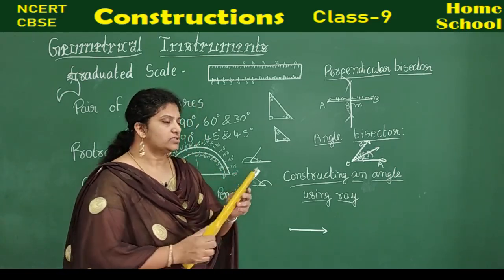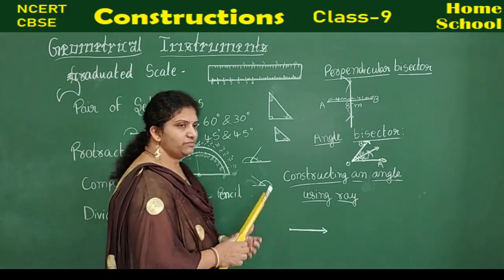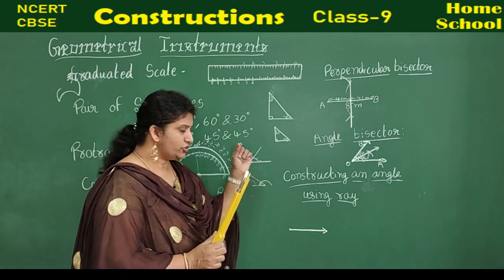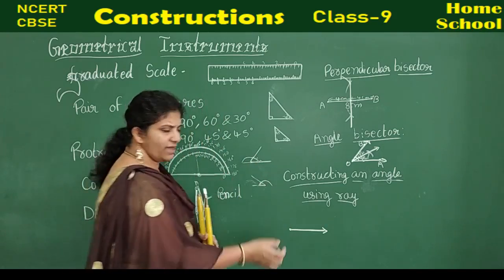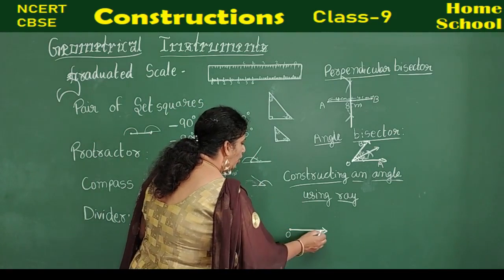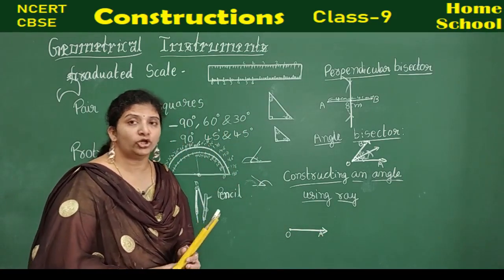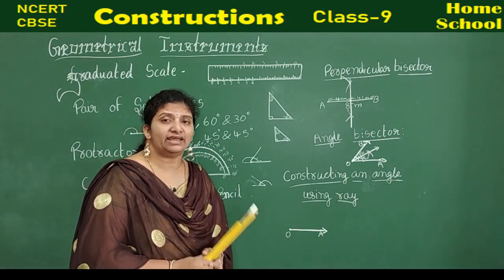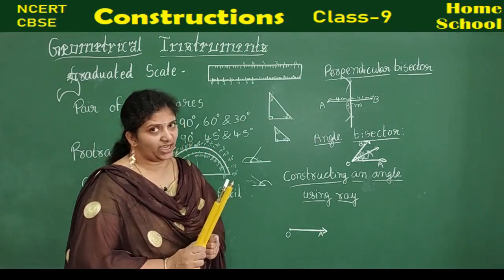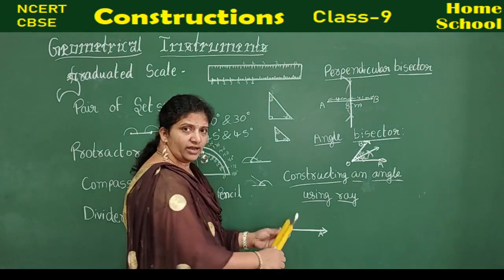Okay, fine. So let me construct 90 degrees. Observe here carefully, children. Draw a ray of some measurement. Any measurement you can take. Mark O, and this is A. I am going to construct a 90 degree angle using this ray. So now put the point here, right?